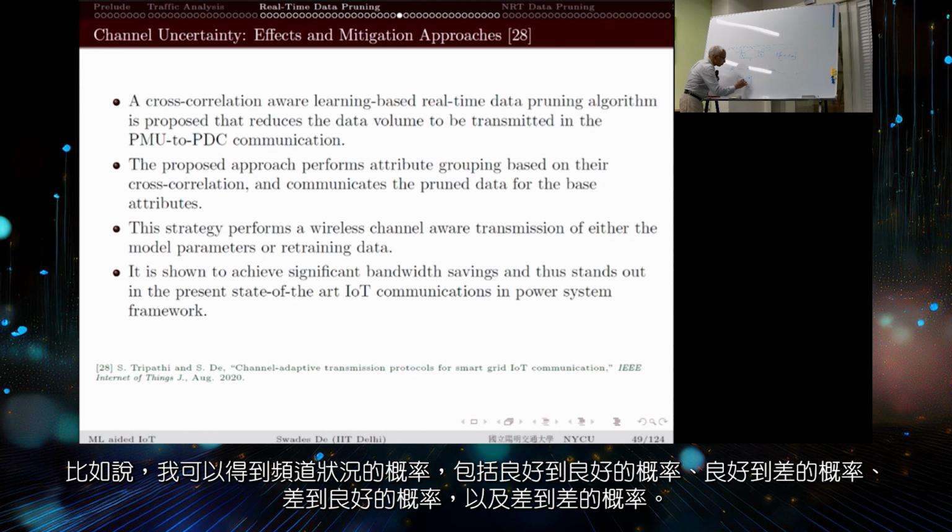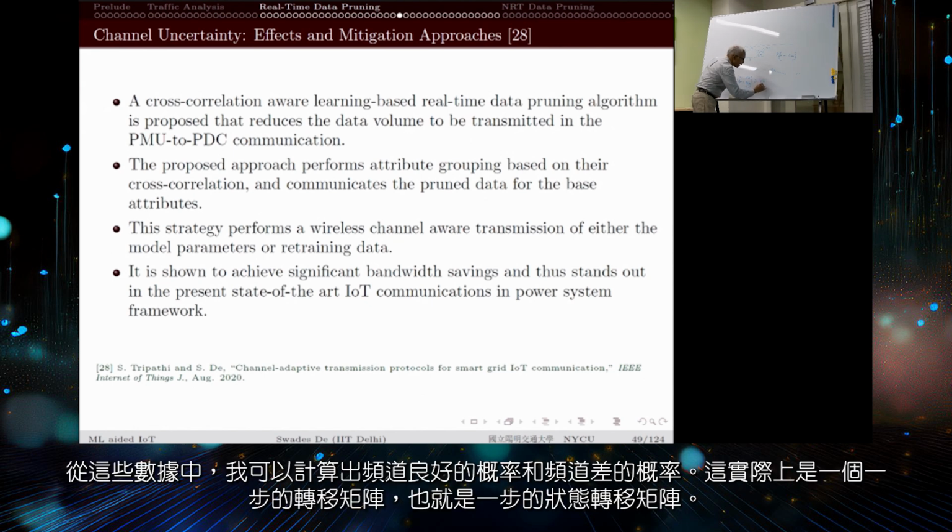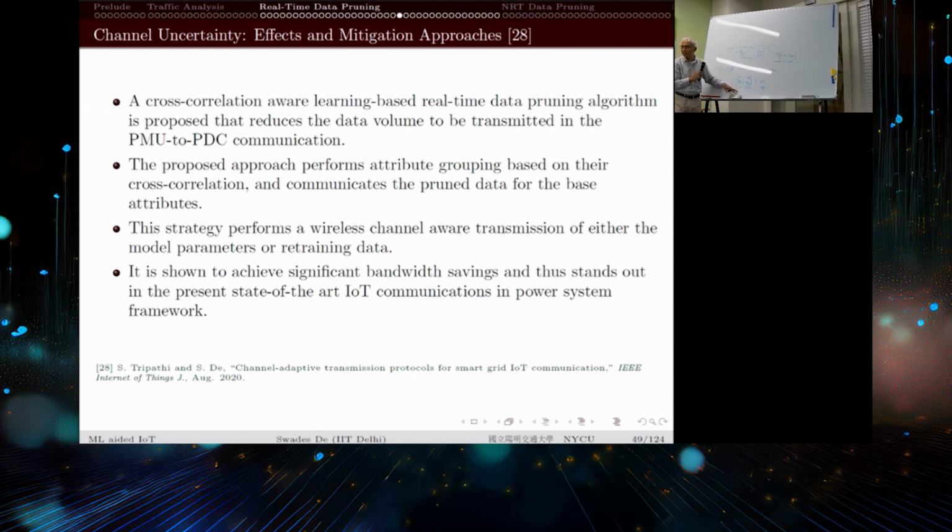From there I can calculate probability good and probability bad, and this is nothing but the one step state transition matrix, right?